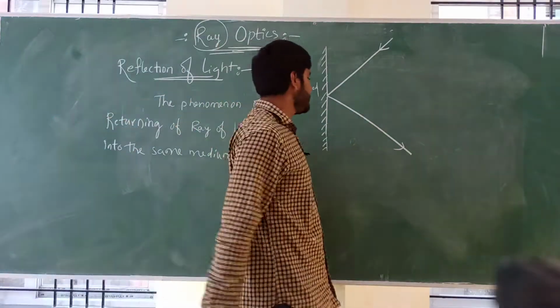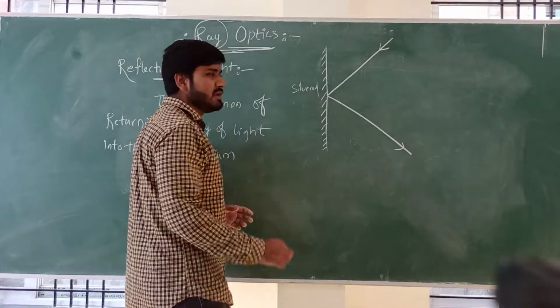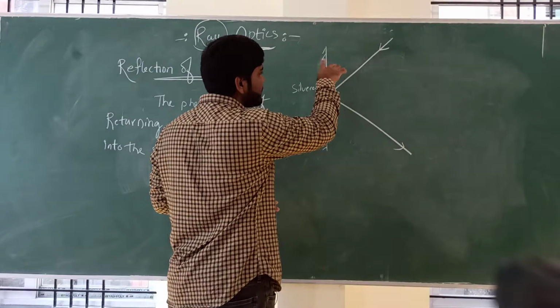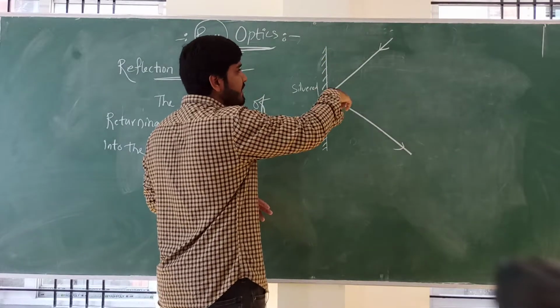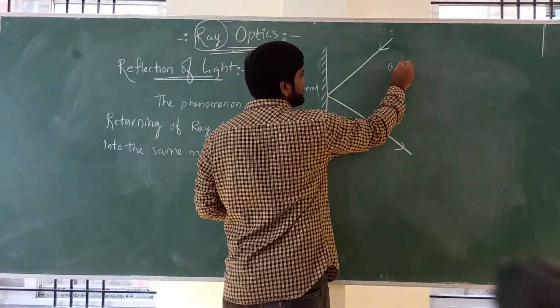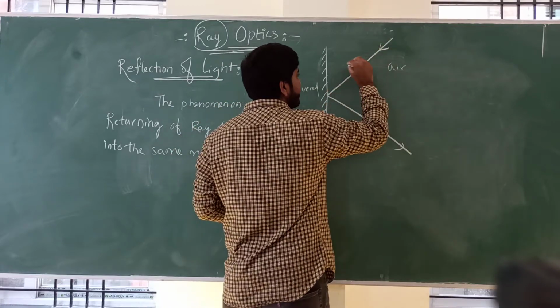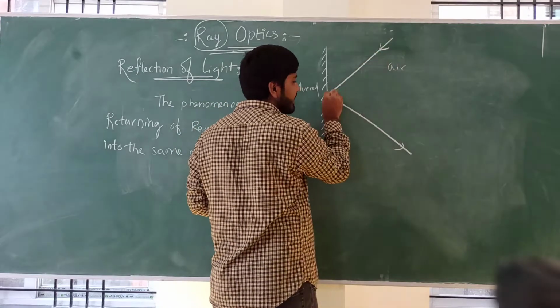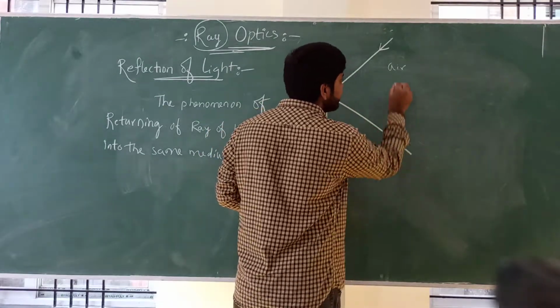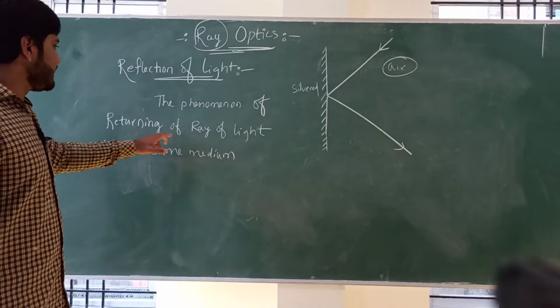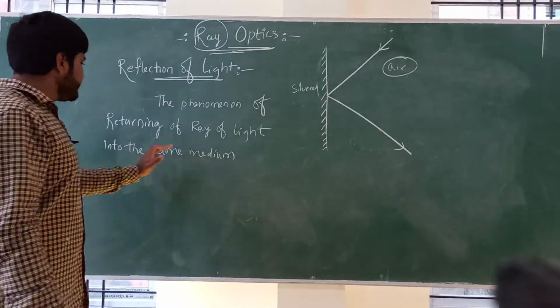You will understand the exact meaning of medium later. For now, just understand this: this is a mirror, so it is a glass medium, and here air is there, so it is the air medium. Whenever you make a ray of light incident on the mirror, it will get back into the same medium, which is air.